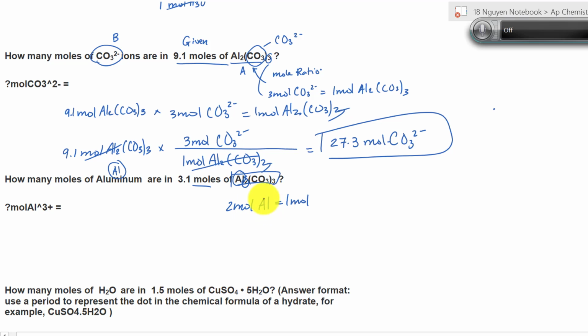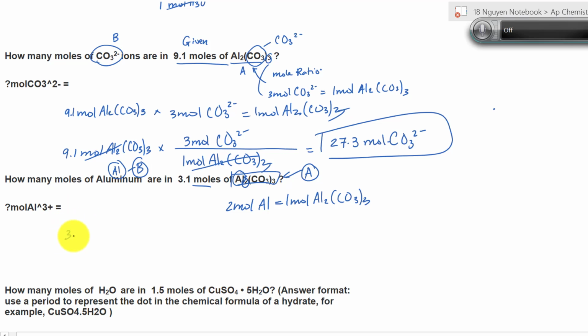So we're comparing aluminum to the whole entire thing. In this case, Al2(CO3)3. Okay? So we have our conversion factor there. And of course, you notice there are 2 different chemicals again. I just assigned the given as chemical A, and this is going to be chemical B. It doesn't matter. Those are just letters, representing different things. So now let's go back.